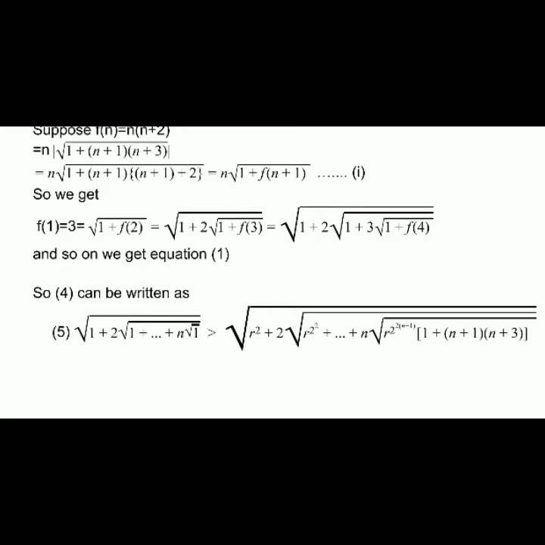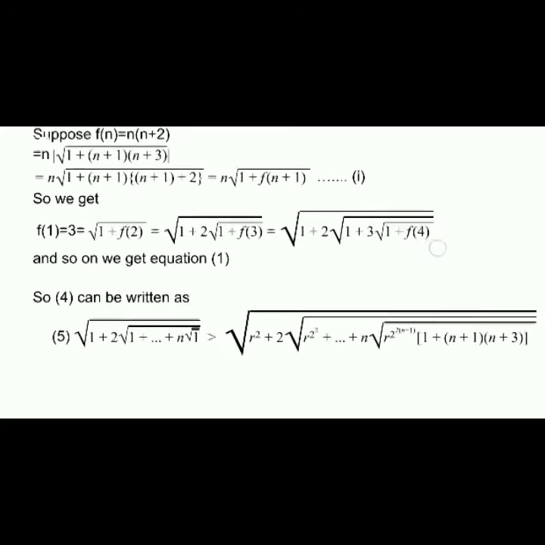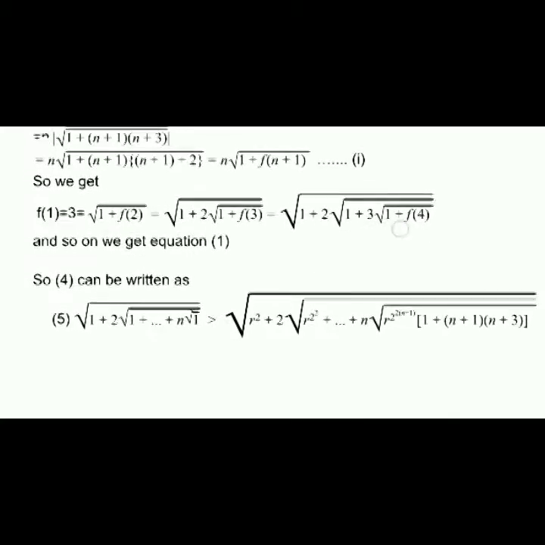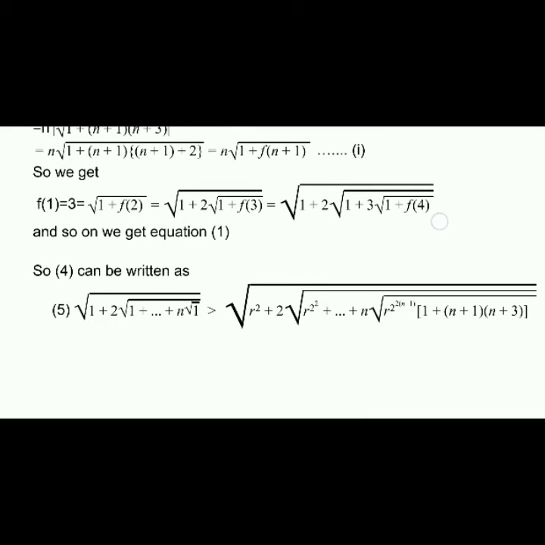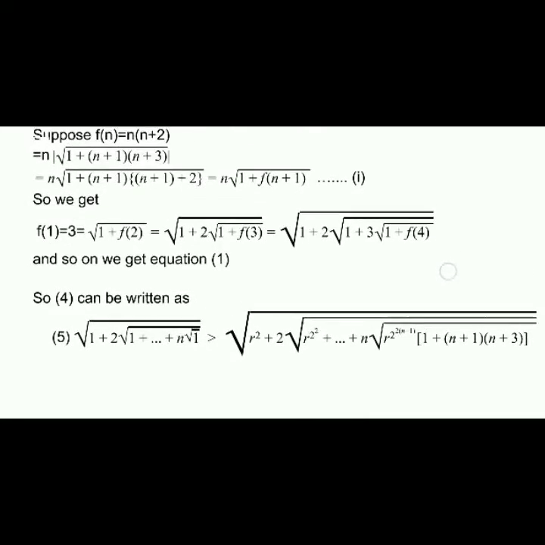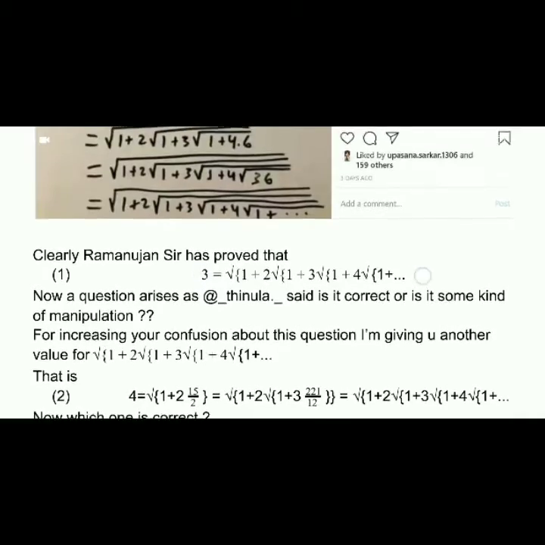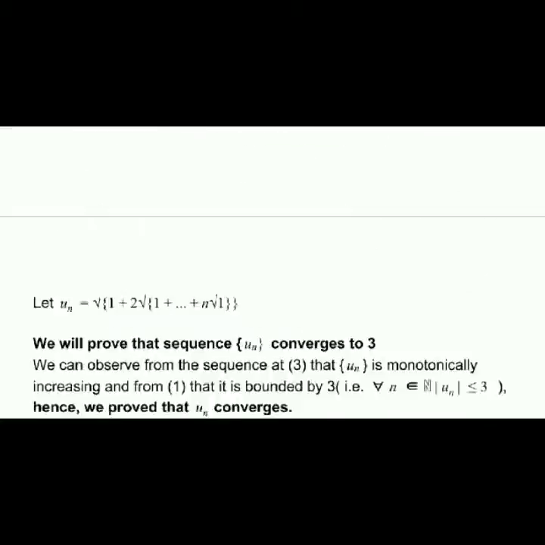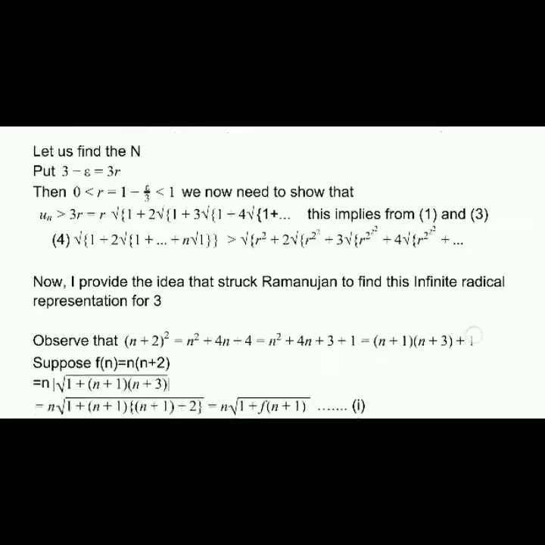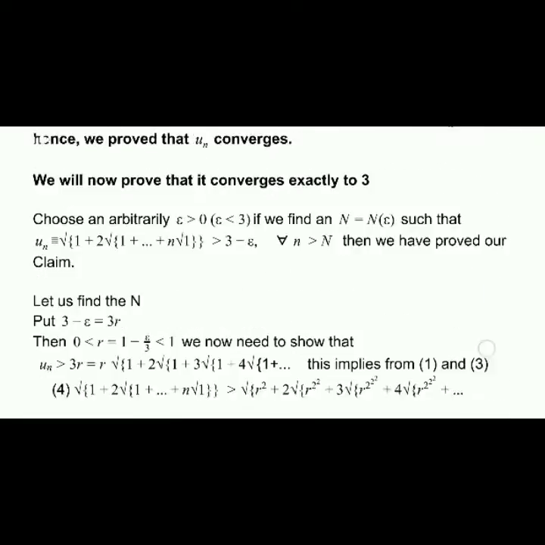We put the value of f(3) here, that is 3 times root over 1 + f(4), and so on. Going like this, we get equation 1. What is equation 1? This is the equation that Ramanujan got.